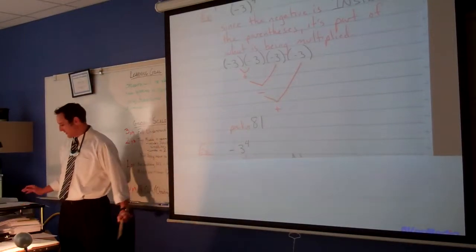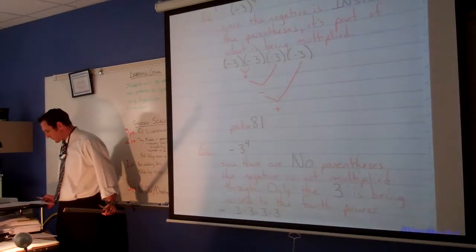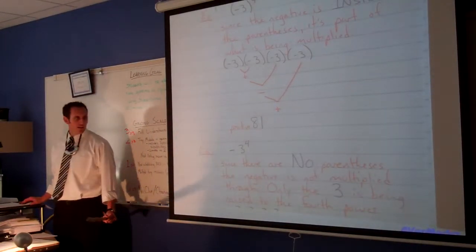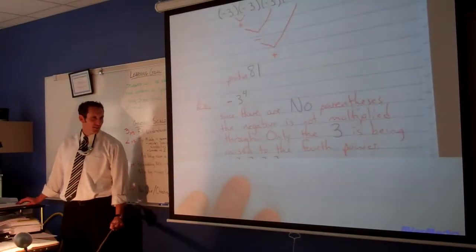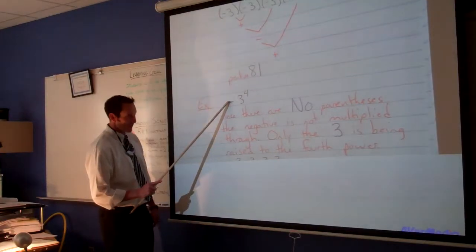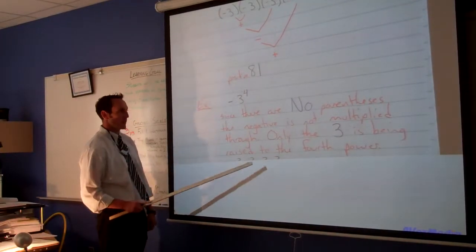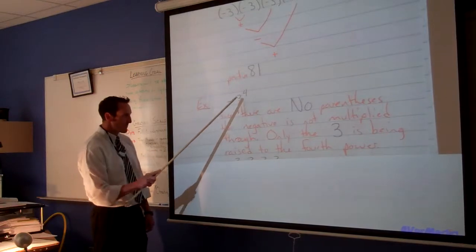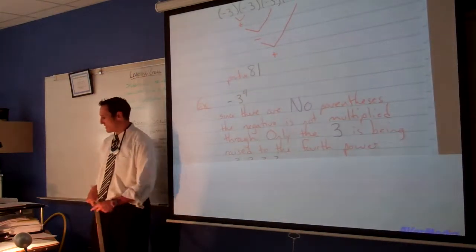Only the 3 is being raised to the 4th power. So again, going back to prior knowledge, since there are no parentheses, the negative is not being multiplied by itself 4 times. Only the 3 is being raised to the 4th power.